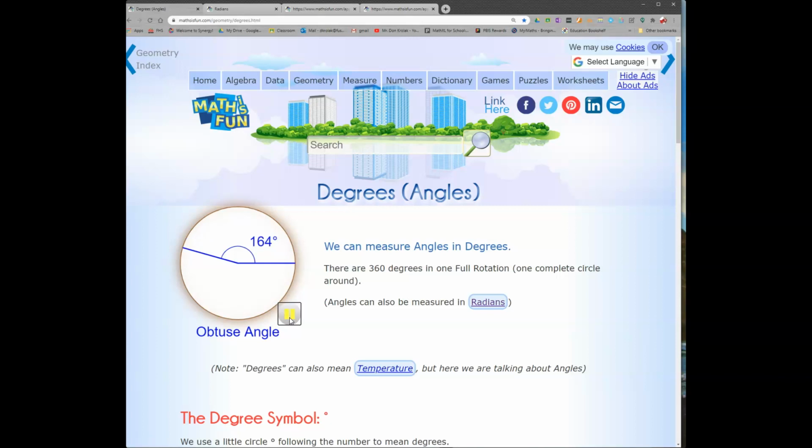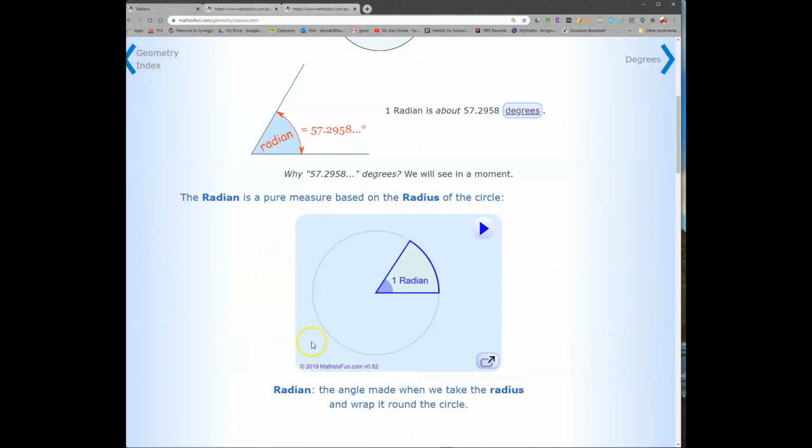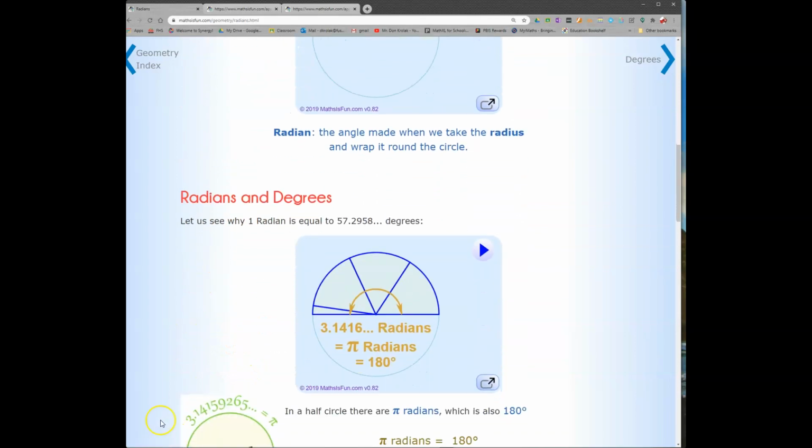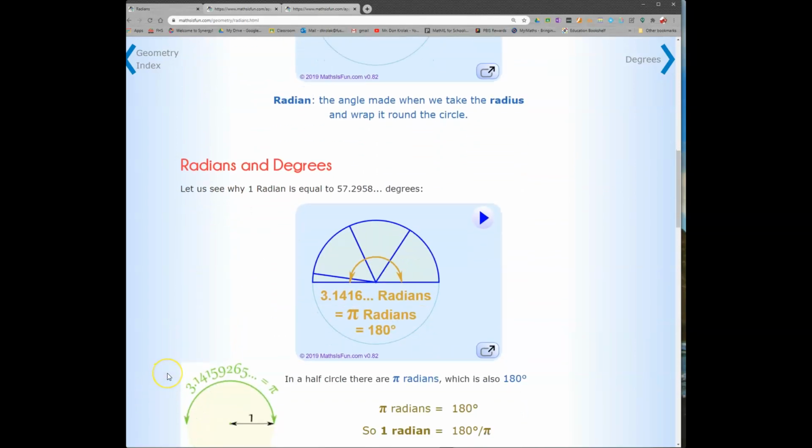Let's take her around one more time. That's about the size of a radian. It's actually about 57 degrees. So a radian, much bigger than a degree. All right. So we know that 1 radian is equal to about 57 degrees.